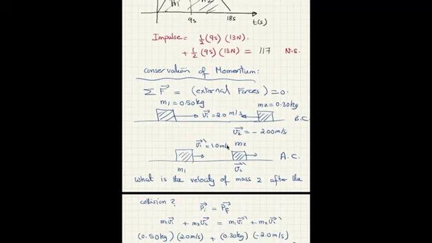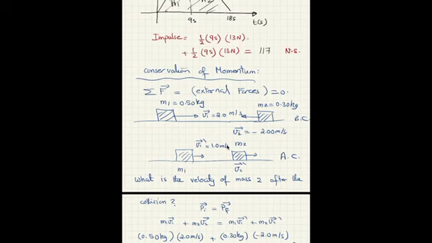Now I have one example here just to show you when we're going to work on conservation of momentum, when sigma F, the external forces acting on the object, equals 0. I have here this object, mass 1, which is 0.5 kilograms, and the other one is 0.3 kilograms.